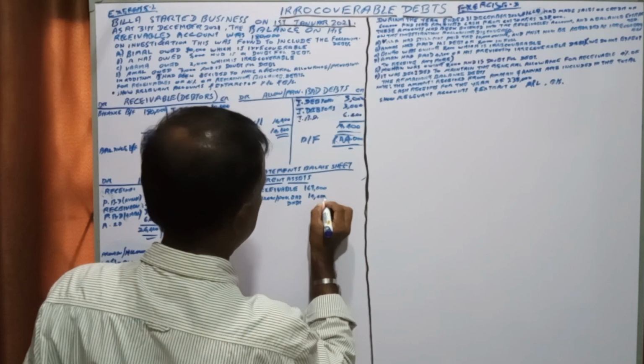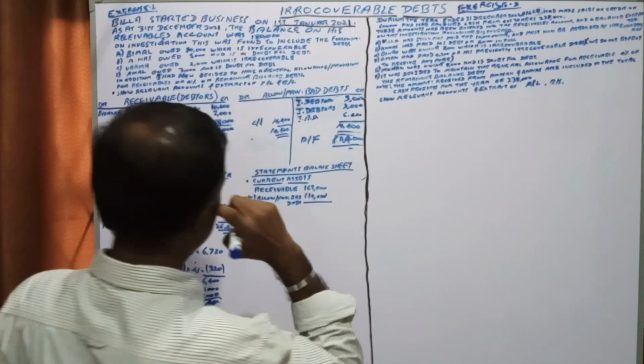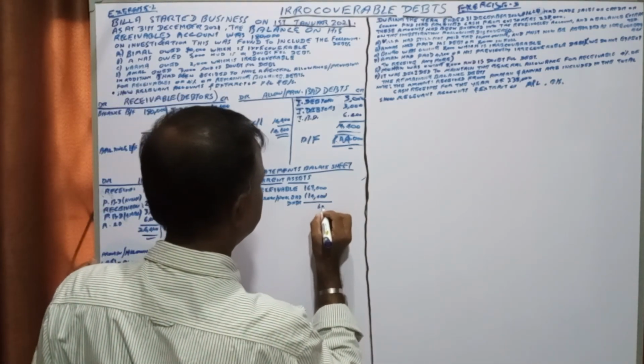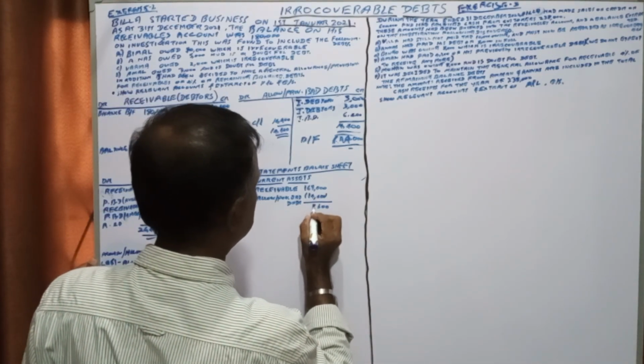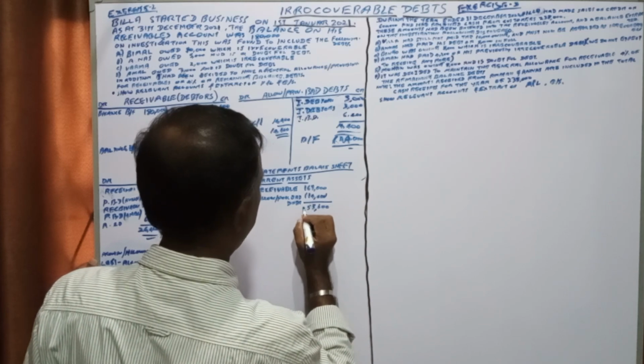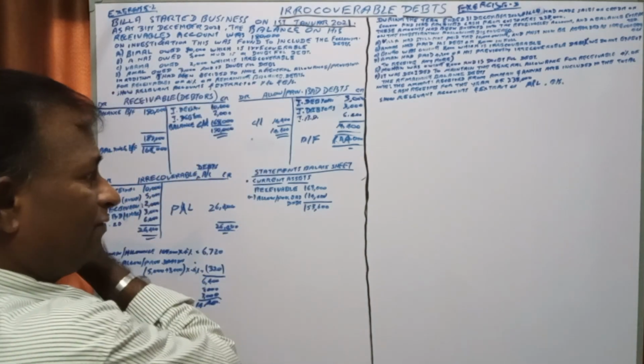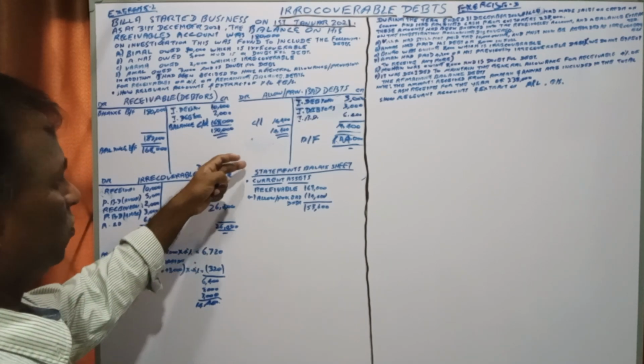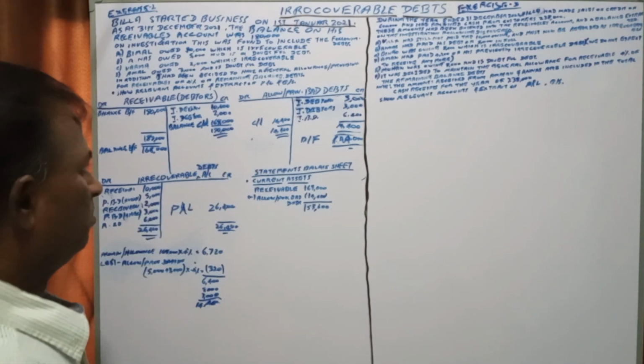You have to deduct it and show. So if you deduct it, 153,600 is the residual balance that will be shown under the statement of balance sheet.